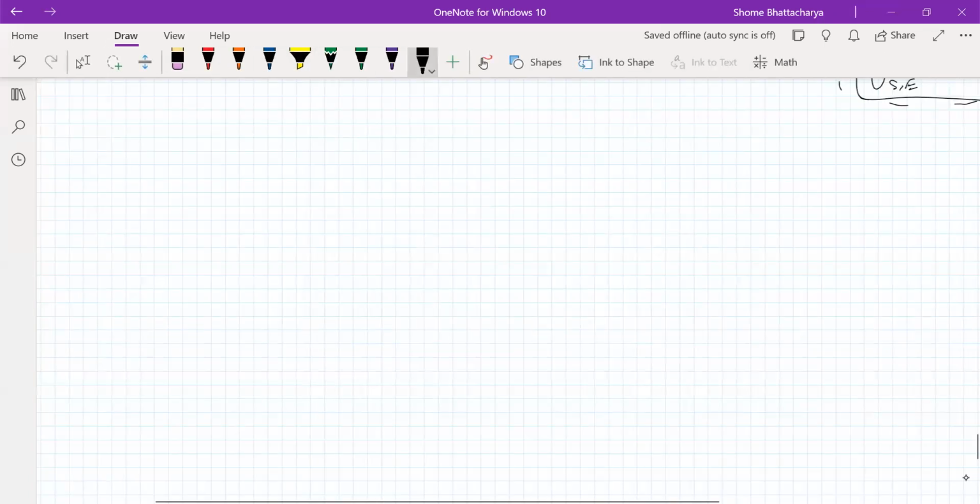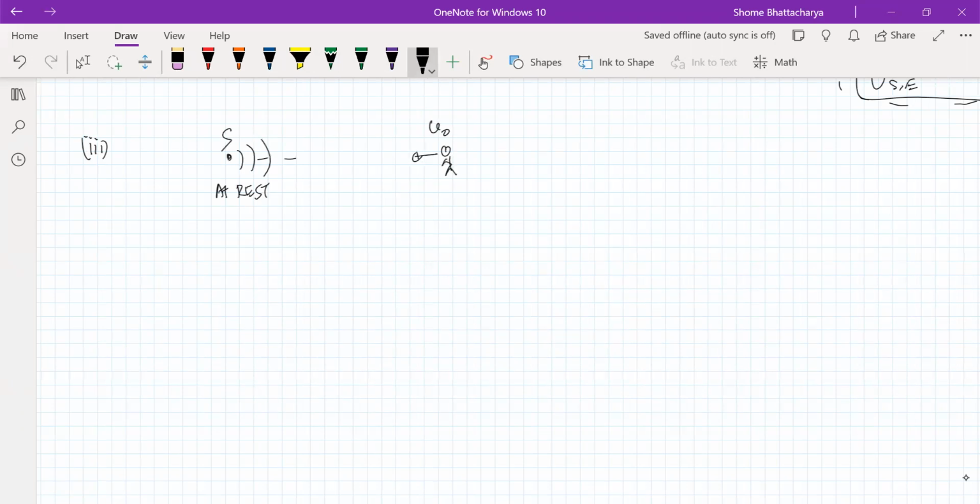So the third thing in Doppler's effect, we saw when the source was moving towards or away from the observer. We can also have a situation where the source is stationary and the observer is moving towards the source. In this case, the frequency heard by the observer becomes V plus VO upon V into F. So F prime is greater than F because the observer is moving towards the source.